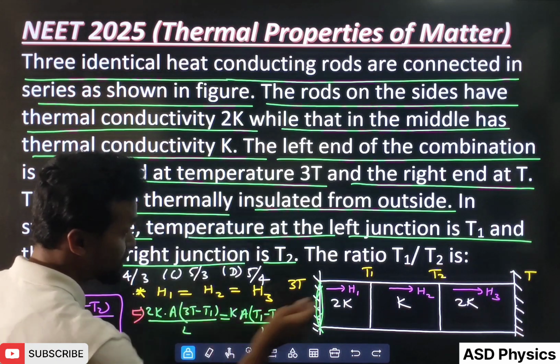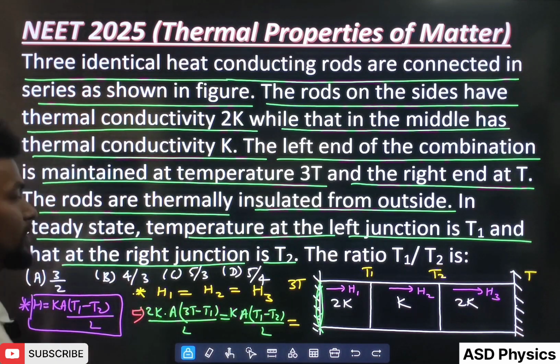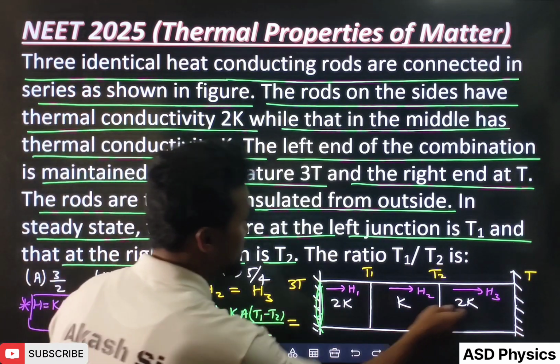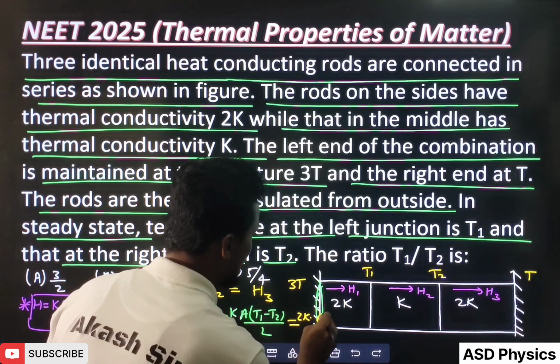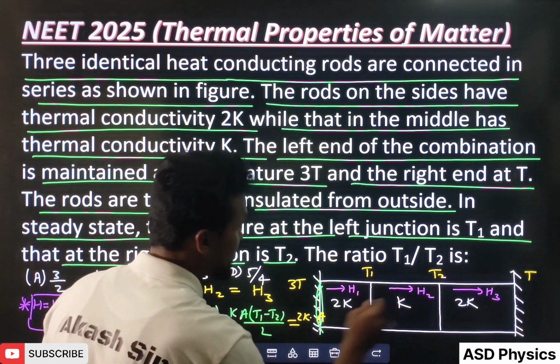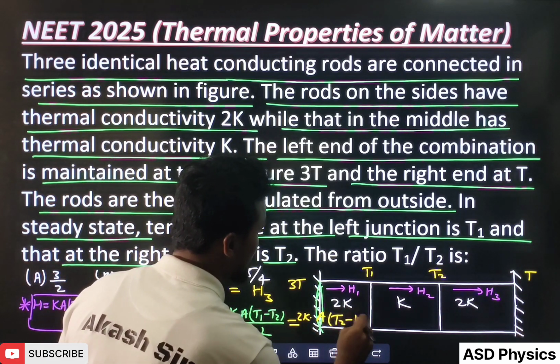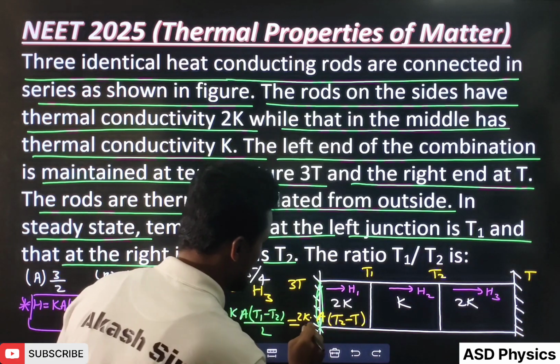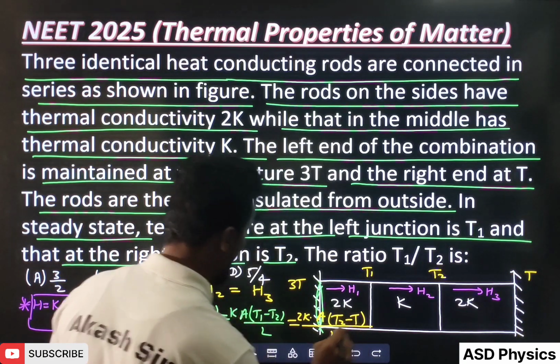I am writing this way because the diagram is available here. Now next, H3 is again 2K into A, and the temperature difference T2 minus T, by L.